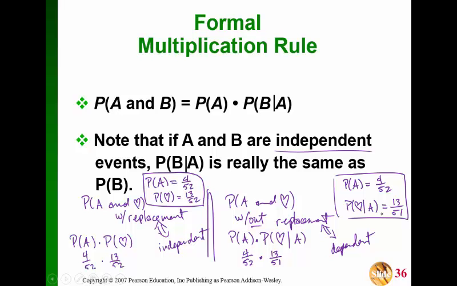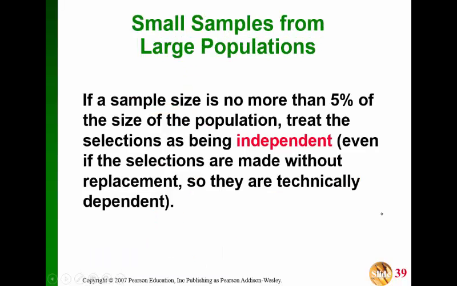So that's this slide that they're talking about. If you have a really large population and a really small sample, then you can probably treat it as something that's independent. Again, it won't be a big deal for us until we start talking about sampling sizes and stuff.